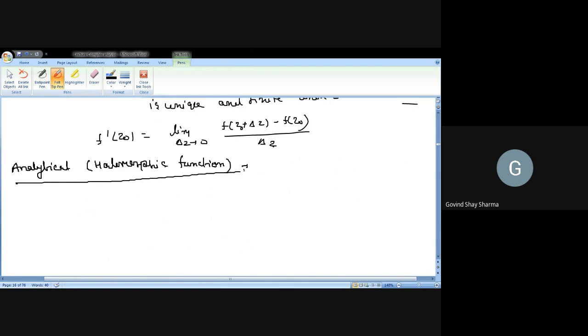A single valued function is said to be analytical at a point if it is differentiable.